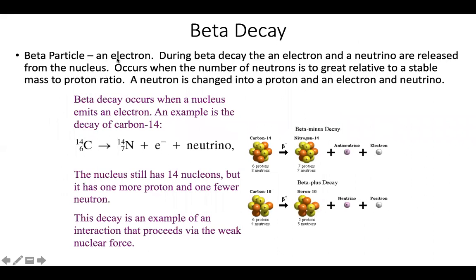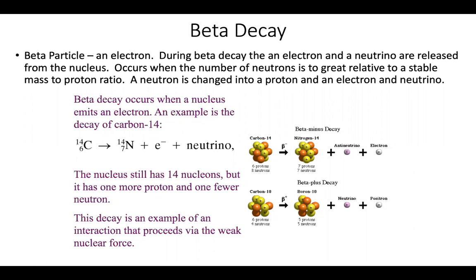Again, remember, a beta particle is an electron. And it turns out that there's also a neutrino, and I'm not entirely sure what a neutrino is, to be honest, that gets released along with that electron.